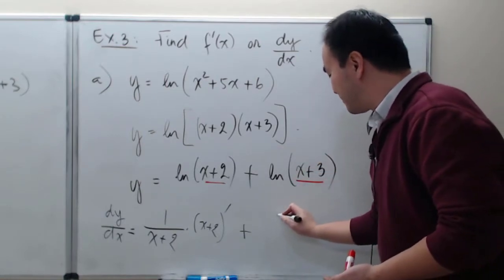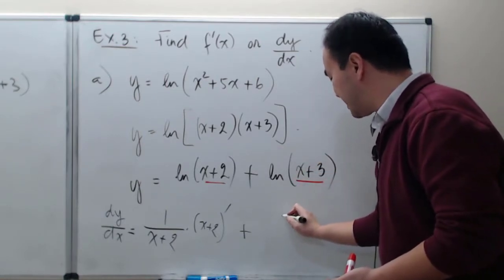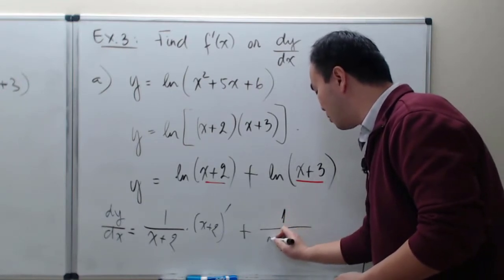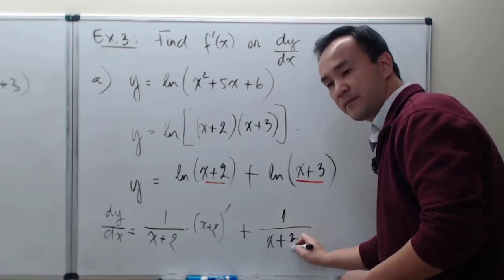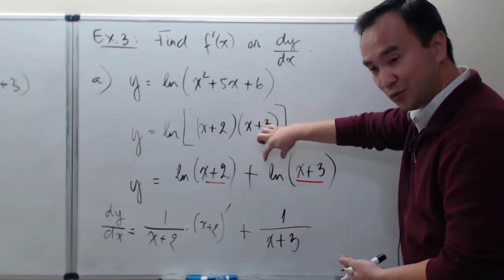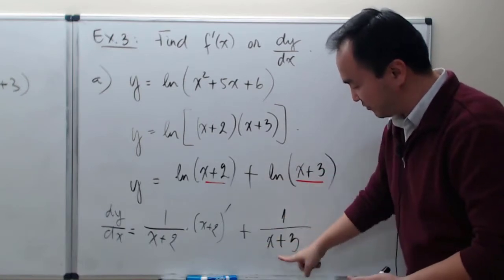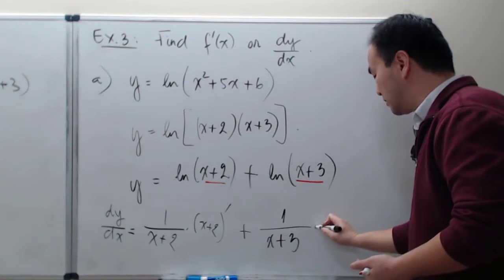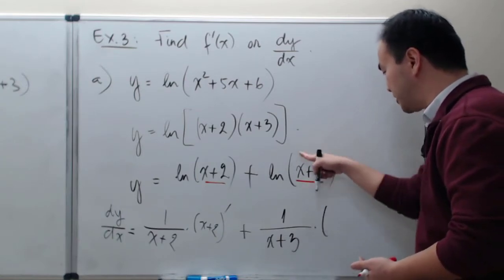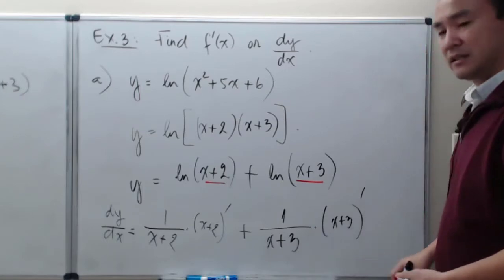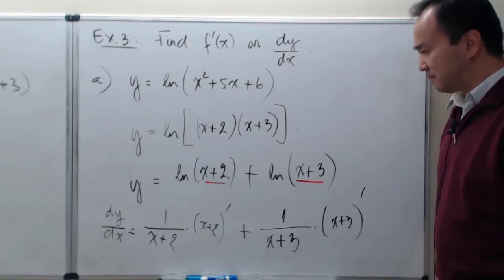The chain rule says that we take the derivative of the outside function, which is now 1 over x plus 3. If this is all a u right here, then the derivative of natural log is 1 over u, but u is, in this case, x plus 3. And now multiply with the derivative of the inside for this particular term, so x plus 3, taking the derivative.